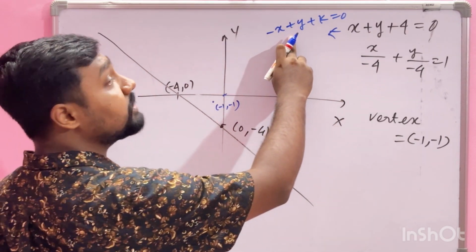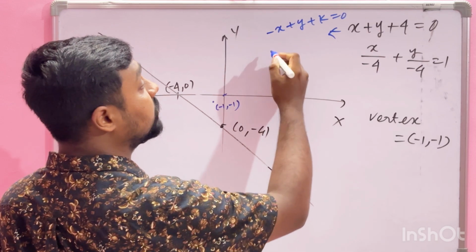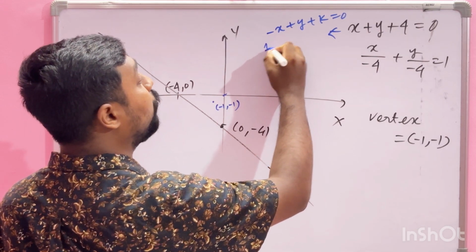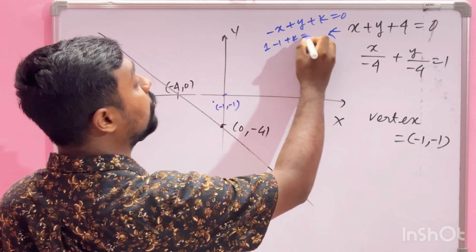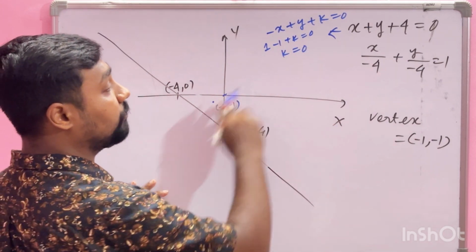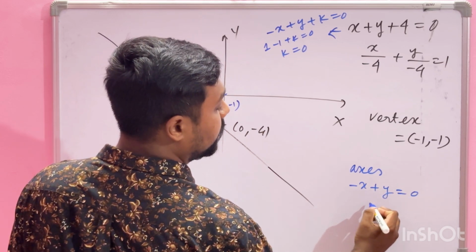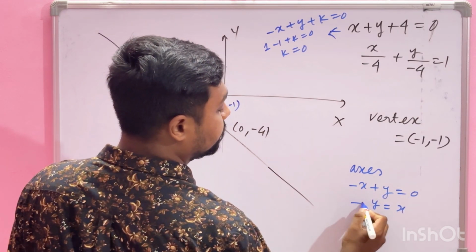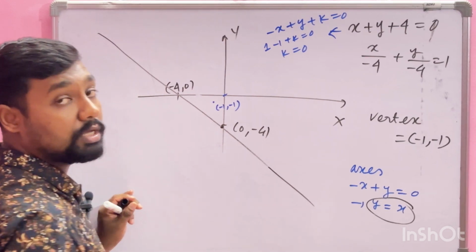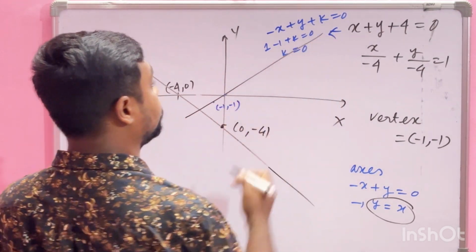Since the axis passes through the vertex, the vertex will satisfy this equation. That means you will get 1 minus 1 plus k equal to 0, that is k equal to 0. So the equation of the axis is minus x plus y equal to 0, that is y equal to x. So the axis passes through the origin. The axis will be like this.